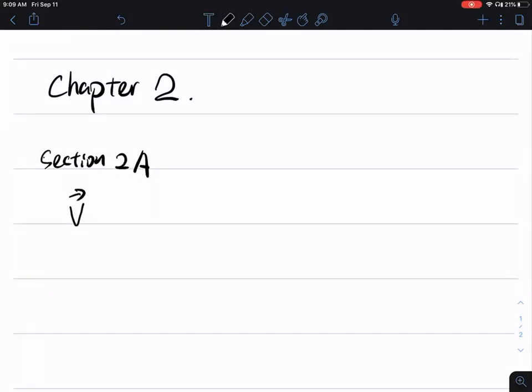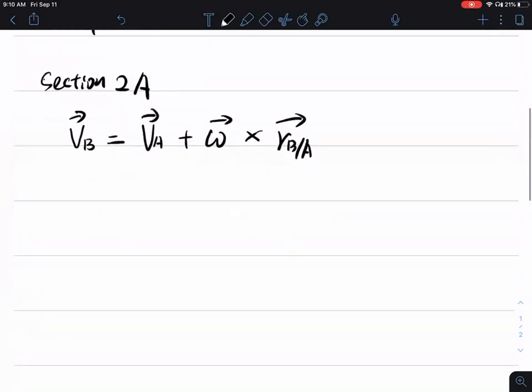The velocity on a rigid body can be calculated by using the velocity of another point on the rigid body plus the angular velocity omega cross product r B/A. So this is the first equation for chapter 2A.